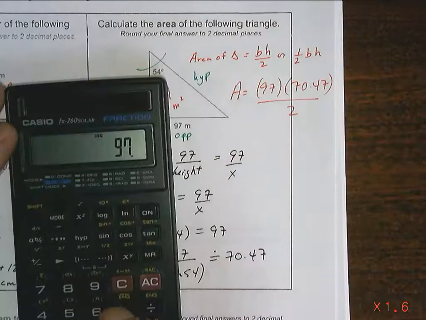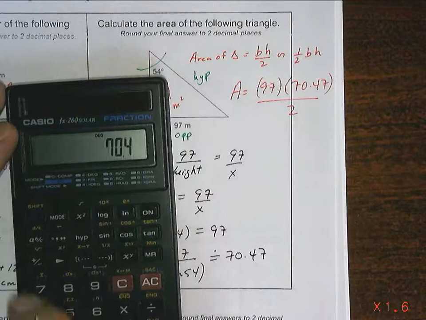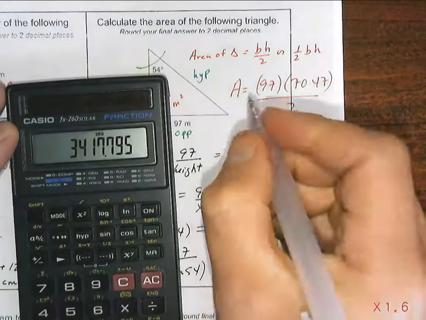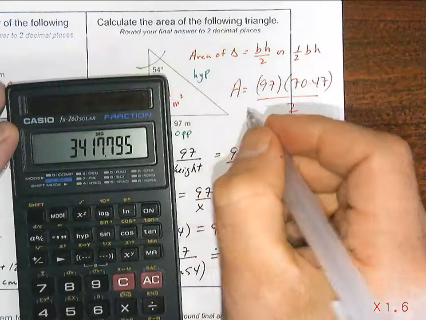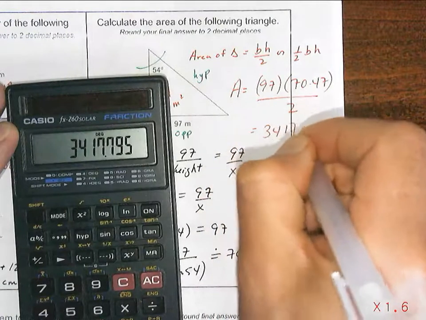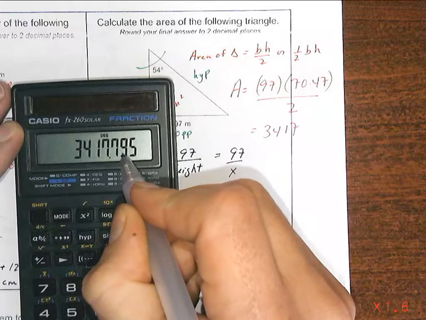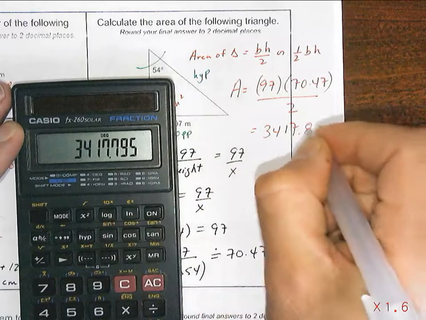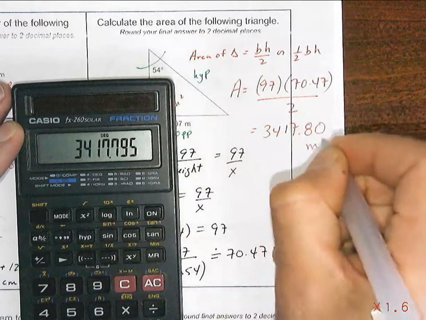So 97 times 70.47 equals, divided by 2, 3,417.5. Now see that 5? That bumps this up to 3,417.80 meters squared.